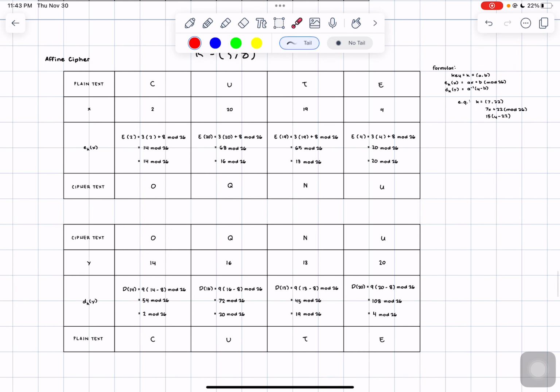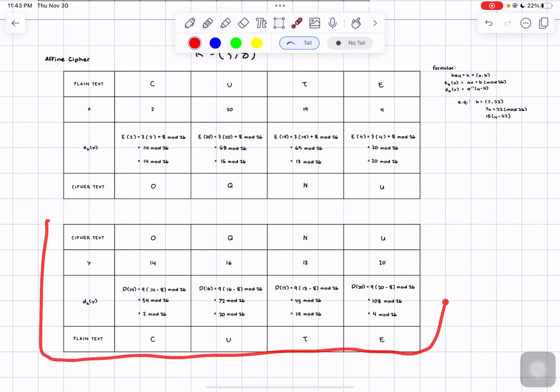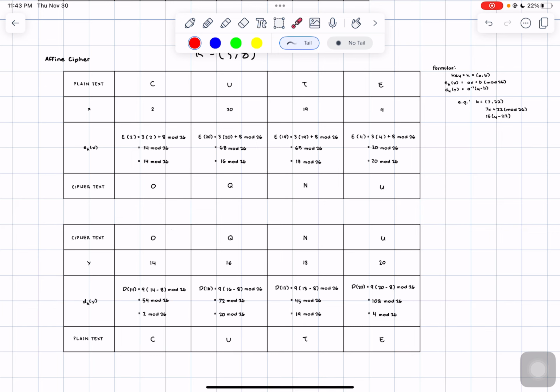Here's a picture of how it's done the other way around, or in decrypting. Take note, most importantly, of the difference in the formulas. While encryption requires a here, in decryption, we need the inverse of a. So the inverse of 3 is 9.